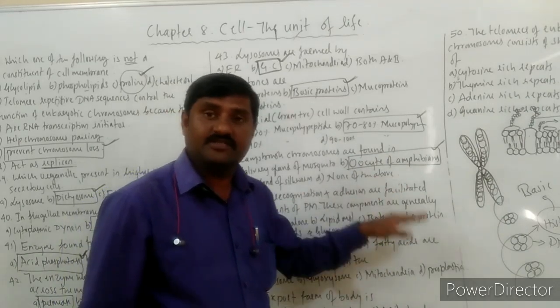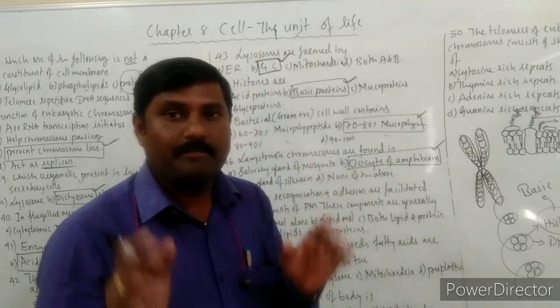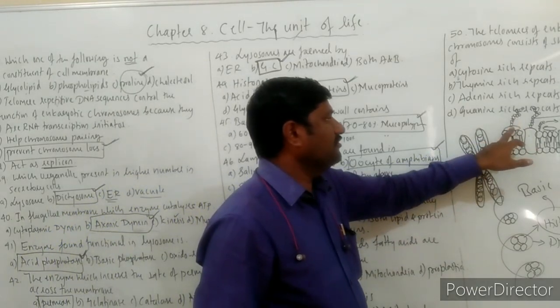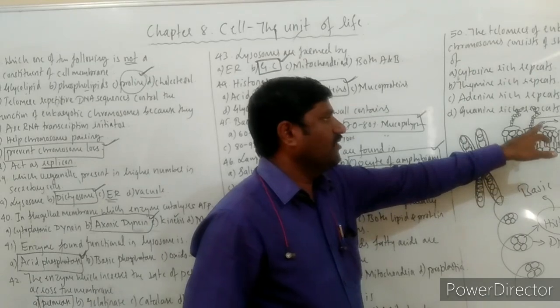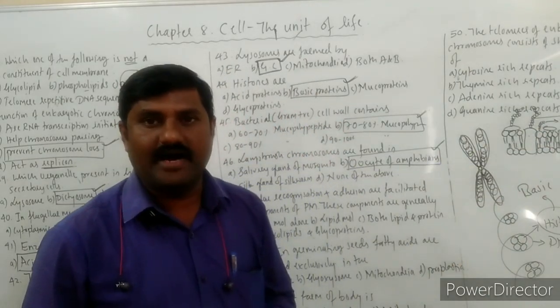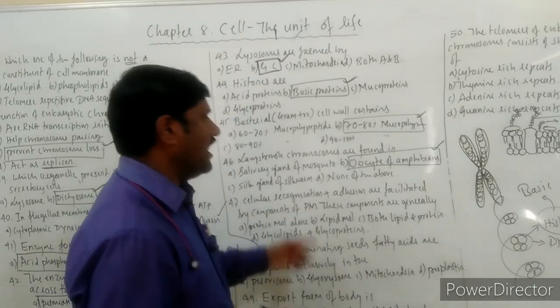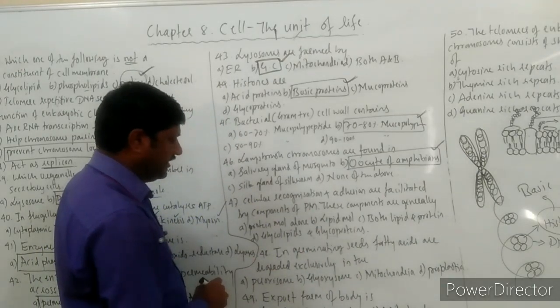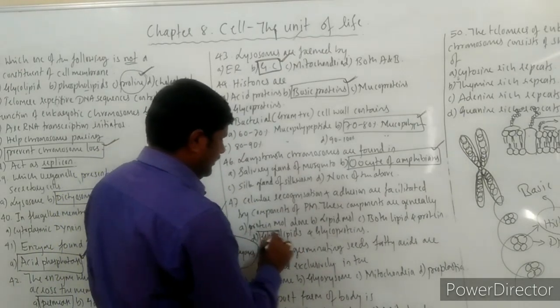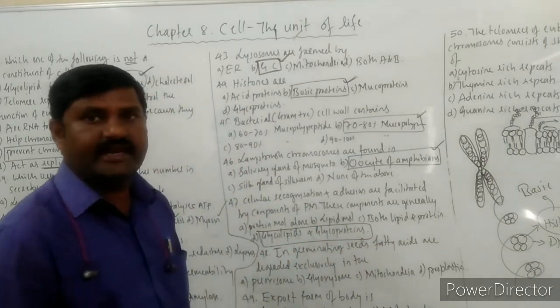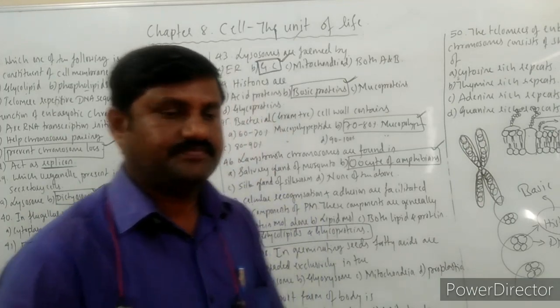No, but whenever they form glycoproteins as well as glycolipids, when the carbohydrates combine with the lipids and the proteins, then they are the cell recognizers. So the correct answer for this question is glycolipids as well as glycoproteins.